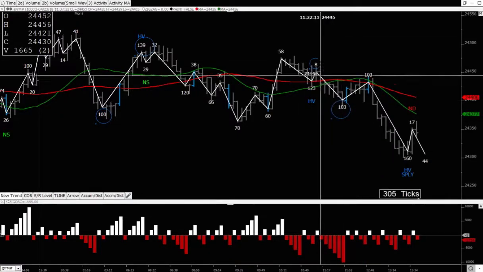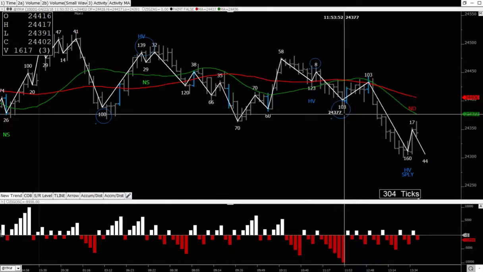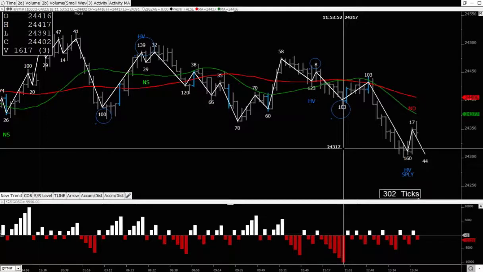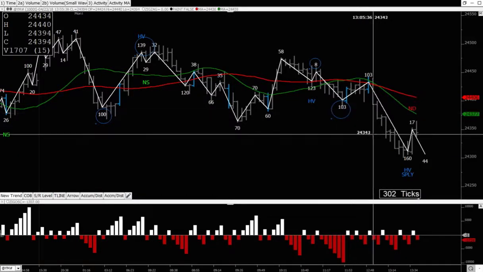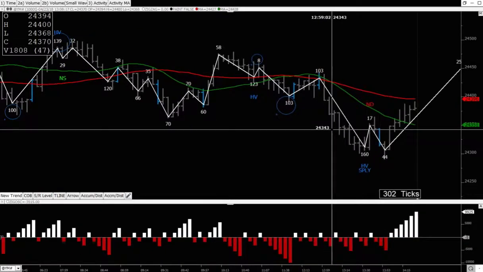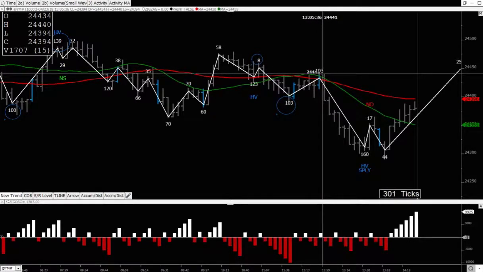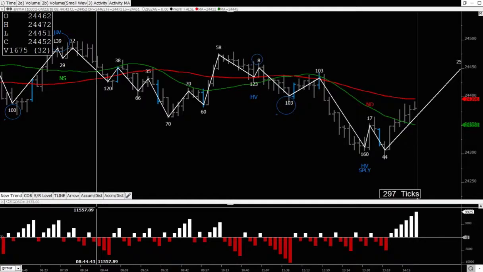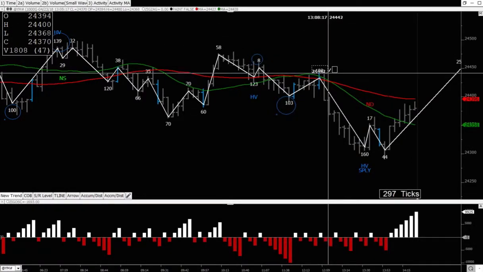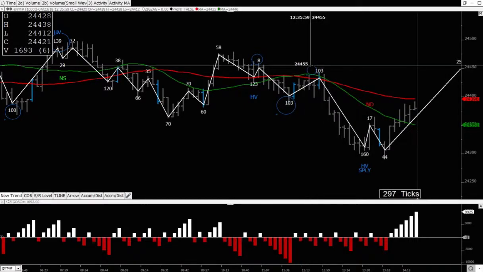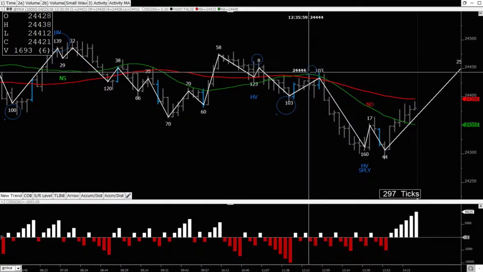You see that? 8 up, 103 down. And understand that this 103 after that is effort. It is a failure on the part of the bulls to take price higher.